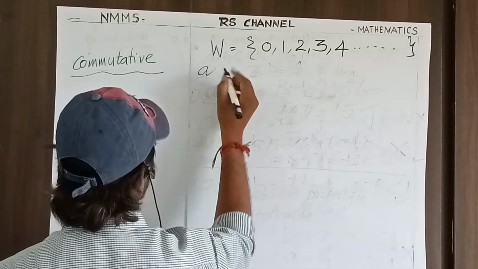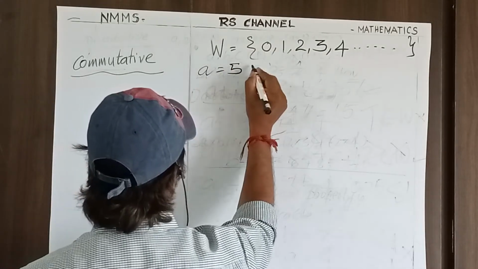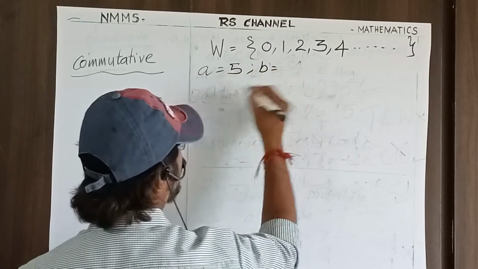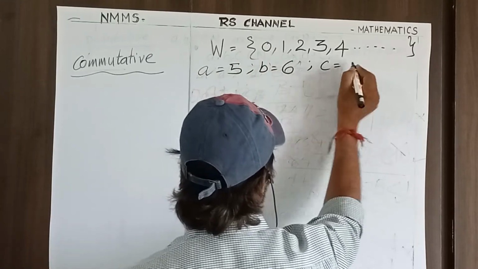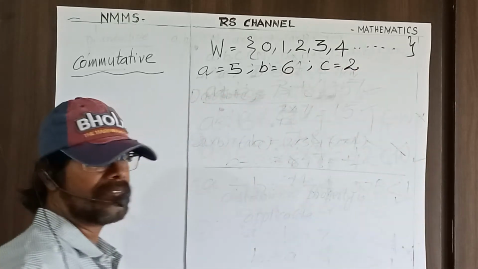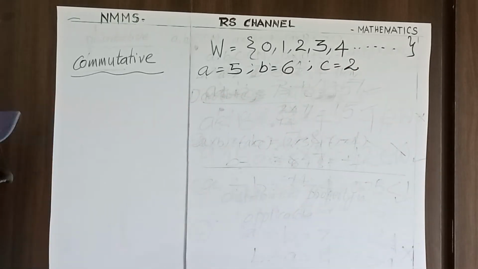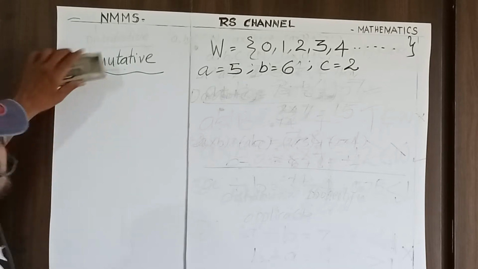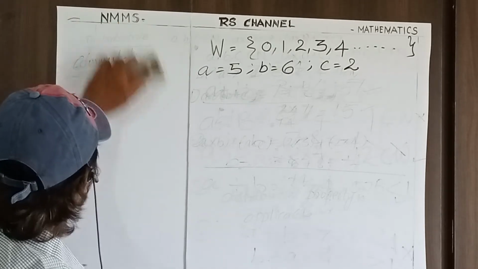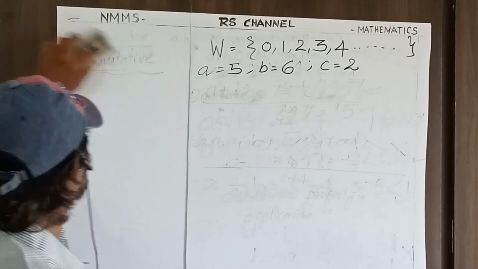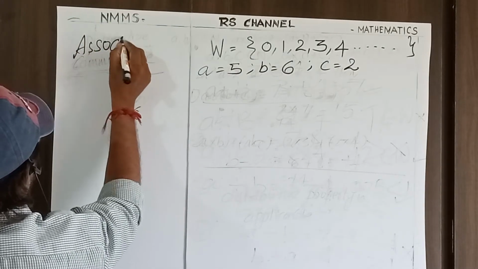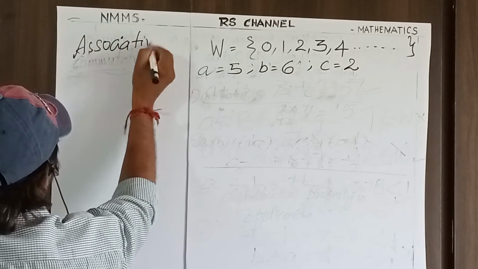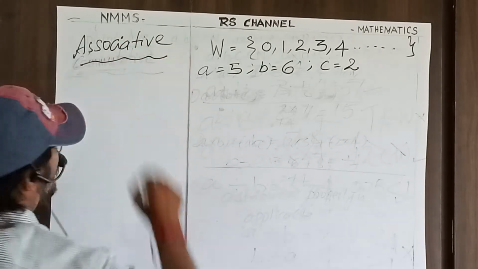A is equal to 5, B is equal to 6, C is equal to 2. Now, we are going for which property? Associative.